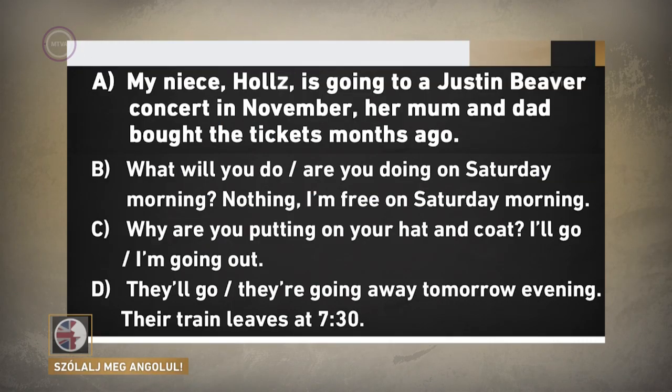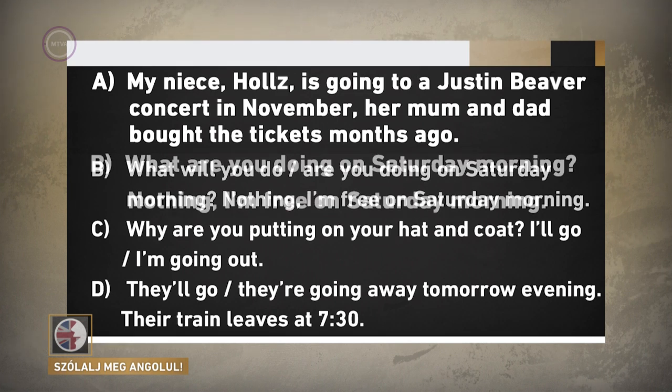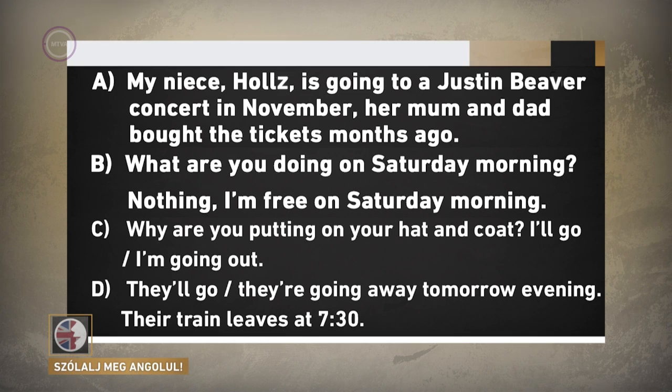If something is planned or arranged, then we use going to, or the present continuous. In this situation, someone is asking us about our plans for Saturday morning. So, in their question, they have to use going to or the present continuous. So, the correct question for them to ask is, what are you doing on Saturday morning? Nothing. I'm free on Saturday morning.